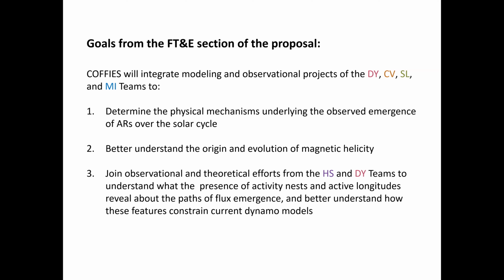So you're taking observations over a long period of time, globally, and using those types of observations to constrain models of the interior, just like we use local active region scale observations to constrain models of surface flux emergence.